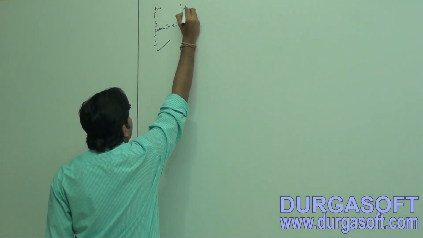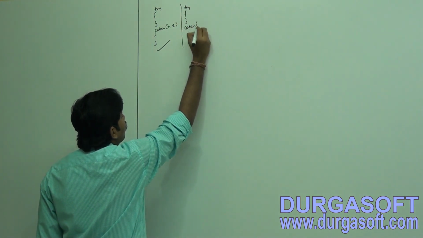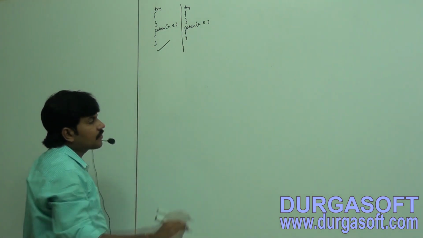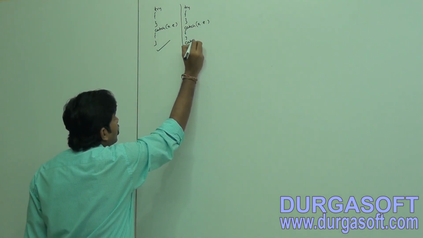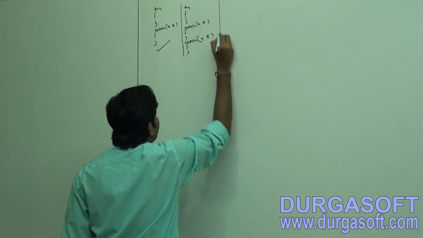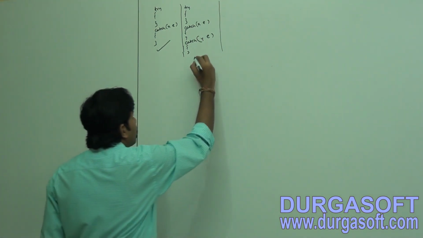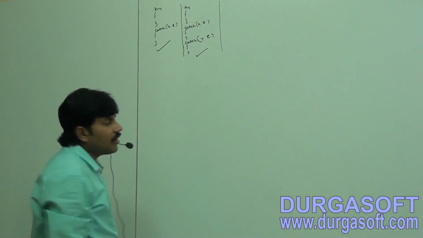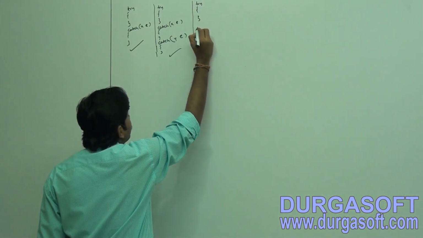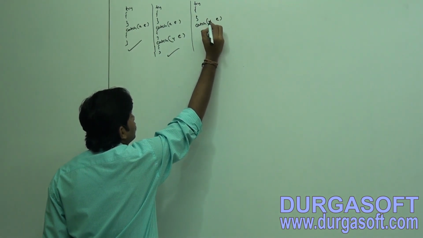Now I am taking try, catch block with exception E, and now another catch block with exception Y. Sir, can you tell, is it valid or not? Try with two catch blocks. No problem at all, valid. Now I am taking a try block, catch block with exception X.